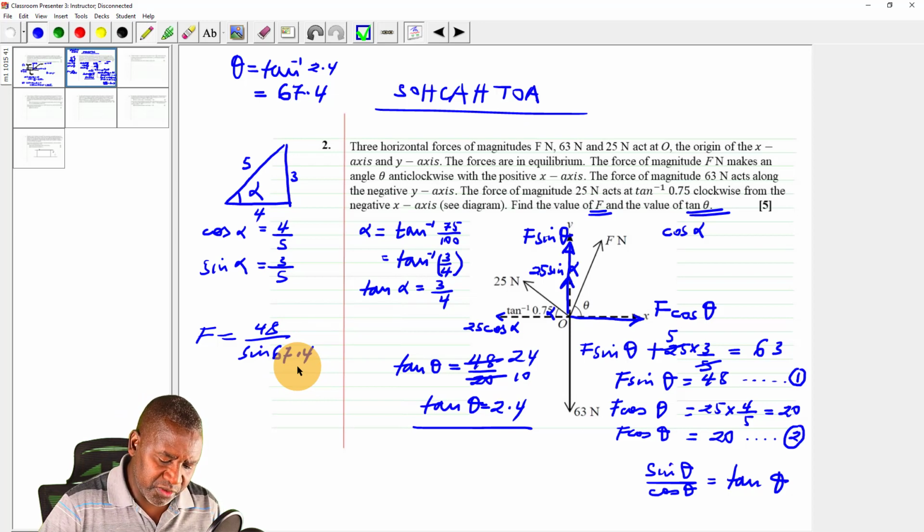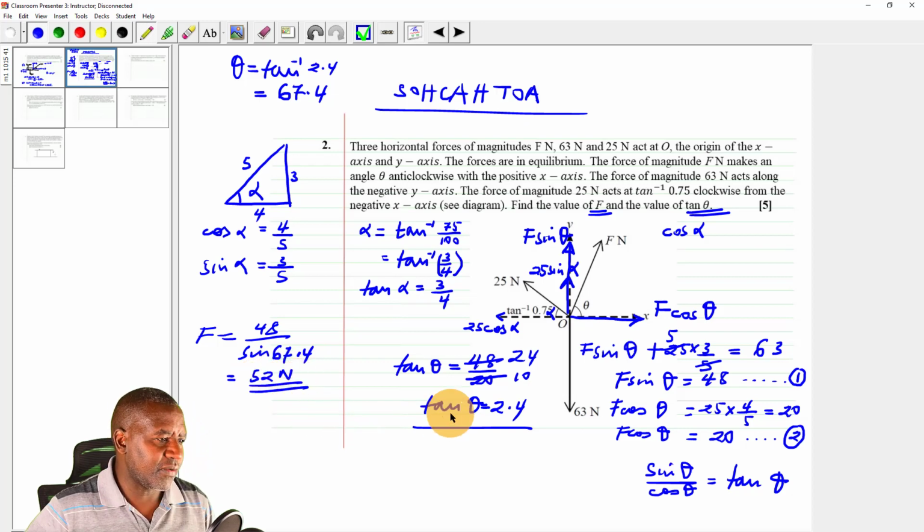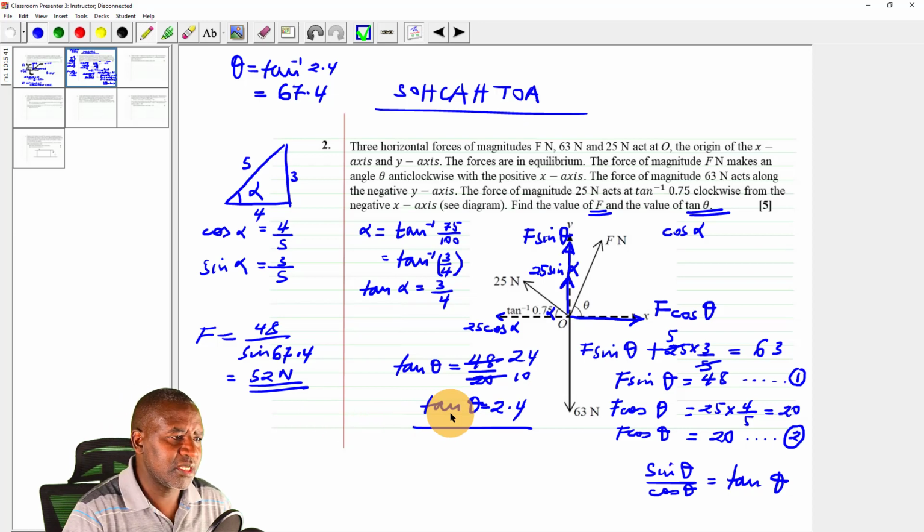Because I have 67.38013505, very many significant figures, I can just do 48 divided by sine of the answer, and that should give me 52. So F is 52 newtons. And that is how I would get the answer to that question.